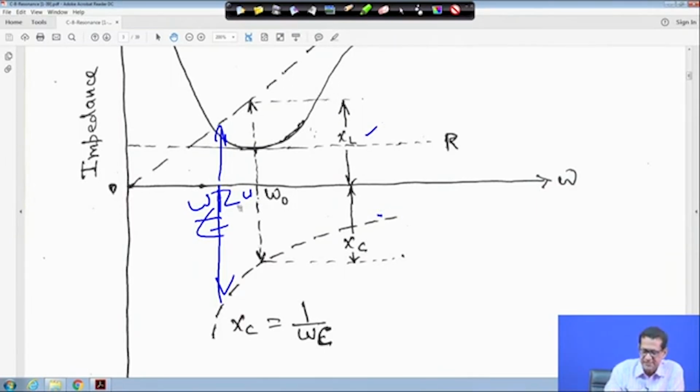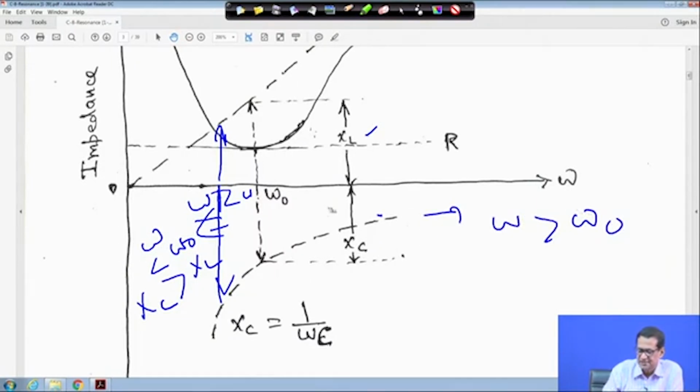So, this side, omega less than omega 0, means XC is greater than XL, and this side, when omega is greater than omega 0, it is just the opposite: XL is greater than XC.